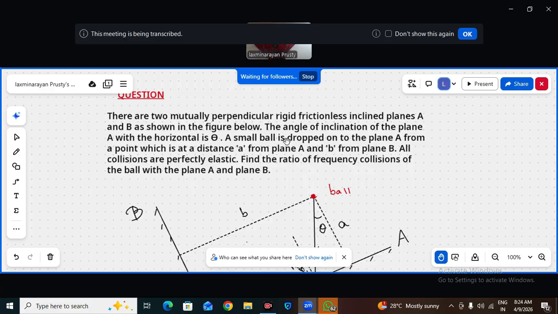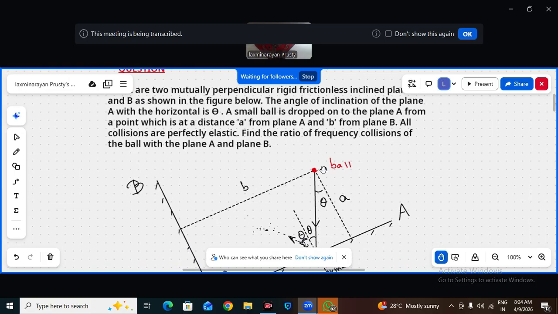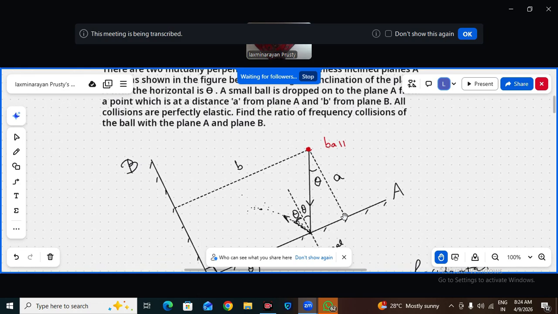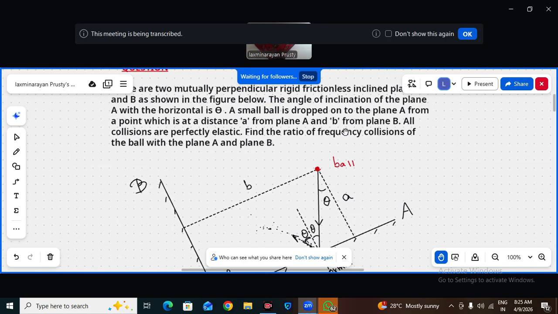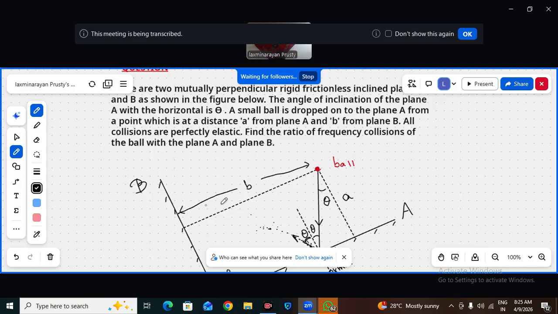A small ball is dropped onto the plane A from a point. This red point is the ball, which is at a distance A from the plane A, and B from plane B. This is the B distance.